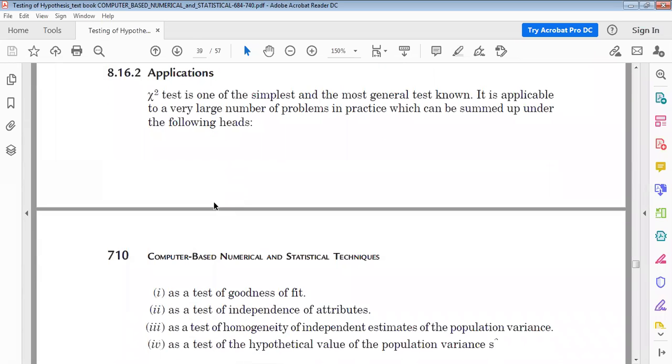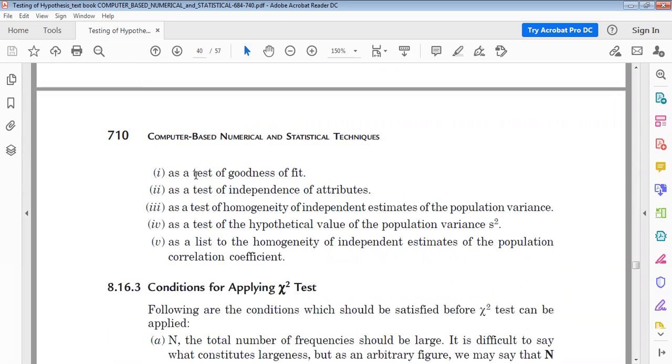Now, applications of the chi-square test. The chi-square test is one of the simplest and most general tests known. It is applicable to a very large number of problems in practice, assuming the sample size is large. It can be applied under the following heads. As a test of goodness of fit; after this class, we will try to understand goodness of fit, which is very important.